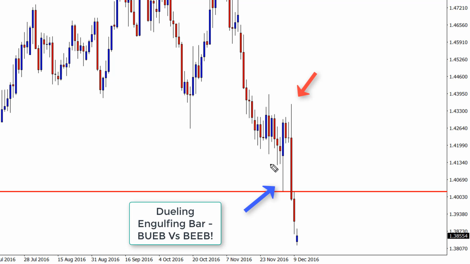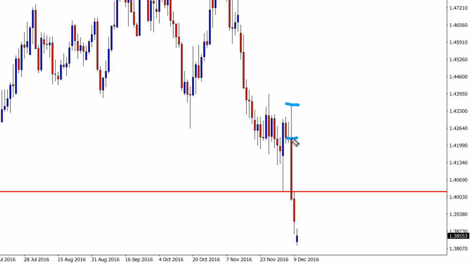We can see from this engulfing bar that whilst price opened here, it moved right up to the highs. Price actually closed right down towards the end and right towards the close of the candle. This is really key information for our trading.